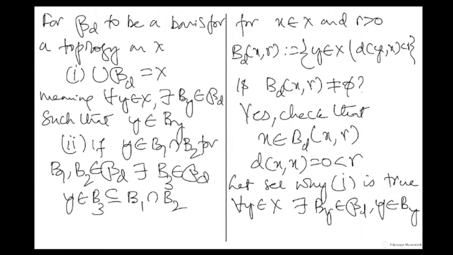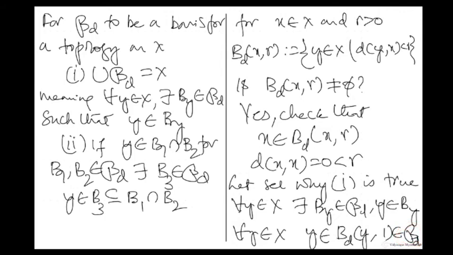So why not choose that open ball to be centered at y? For any given y in X, y certainly belongs to the open ball of radius 1 centered at y, which in turn is an element of B_d. y happens to be the center of the open ball of radius 1 centered at y. But this open ball is also an element of B_d.